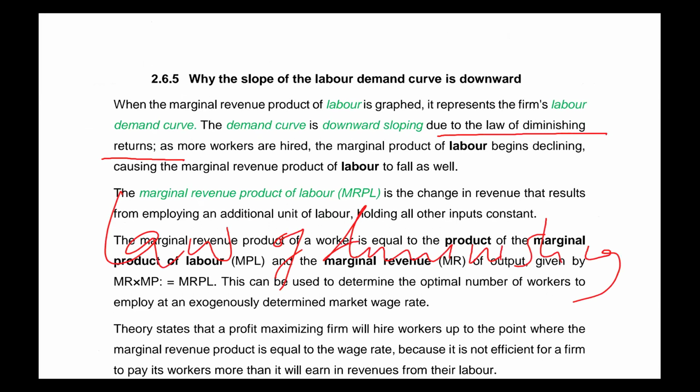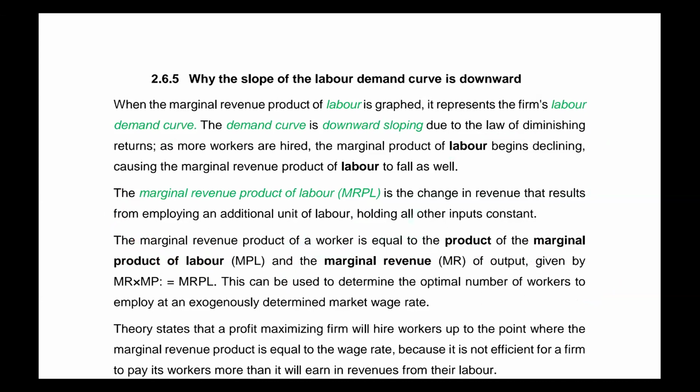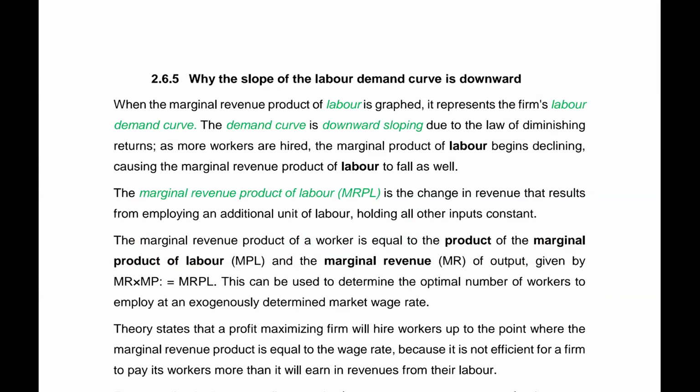It means that as more workers are hired, the marginal product of labor begins to fall, causing the marginal revenue product of labor to fall as well. As you hire more workers, their additional contribution to output keeps declining, which means the contribution of a new worker may not be as much as that of the previous worker. This is what usually happens.